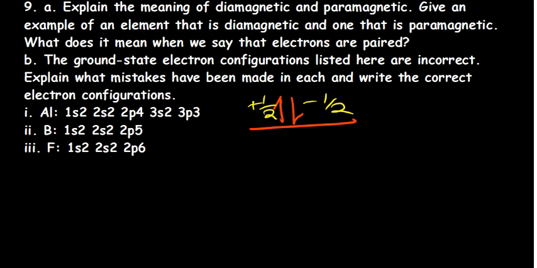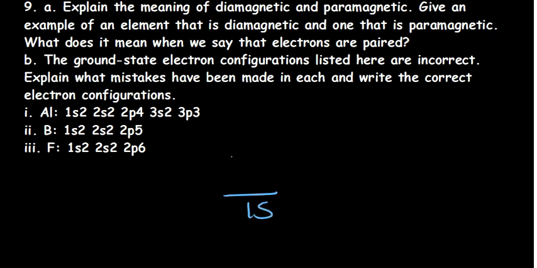Now the argument is, let me give an example of 1s, 2s, and then let's talk about 2p. In a case where you have electrons not paired, where there's only a single electron in a given orbital, that is said to be paramagnetic, meaning that electrons are not fully paired.